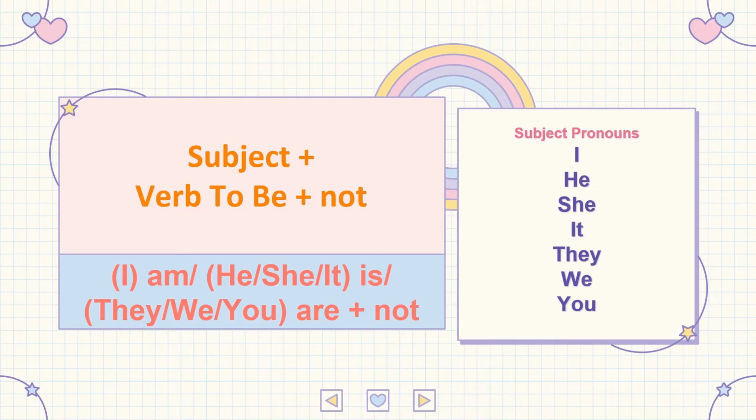I, he, she, it, they, we, you. So it's gonna be I am, he, she, or it is, they, we, or you are plus not.